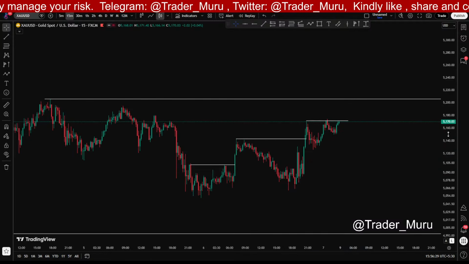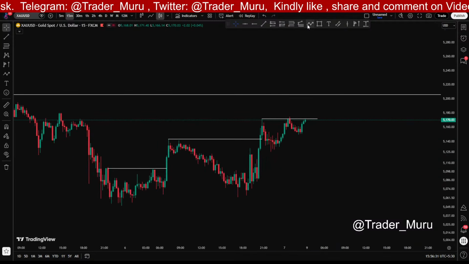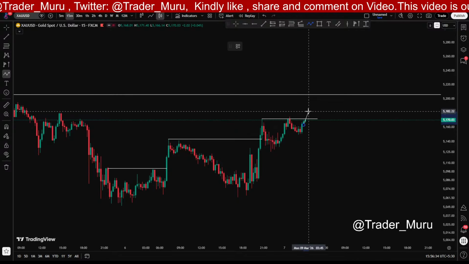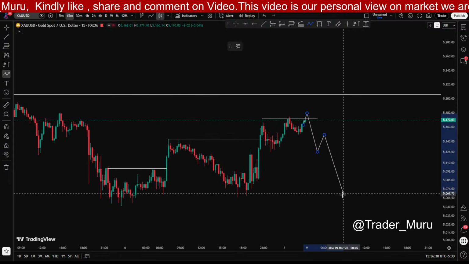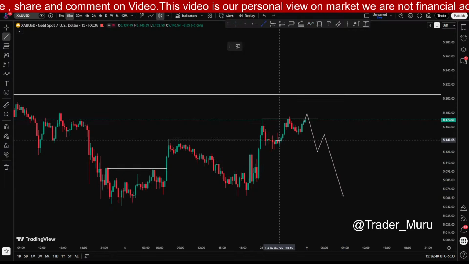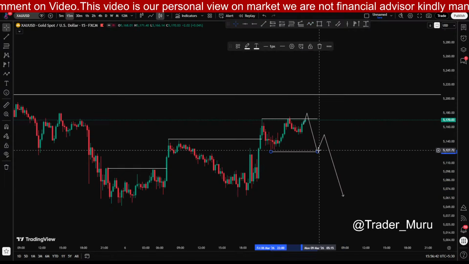Oh, sure, for the short entry, yes, we need short. For short, we need 15-minute change of character. First of all, one candle close above, then again change of character, then drop below this low.